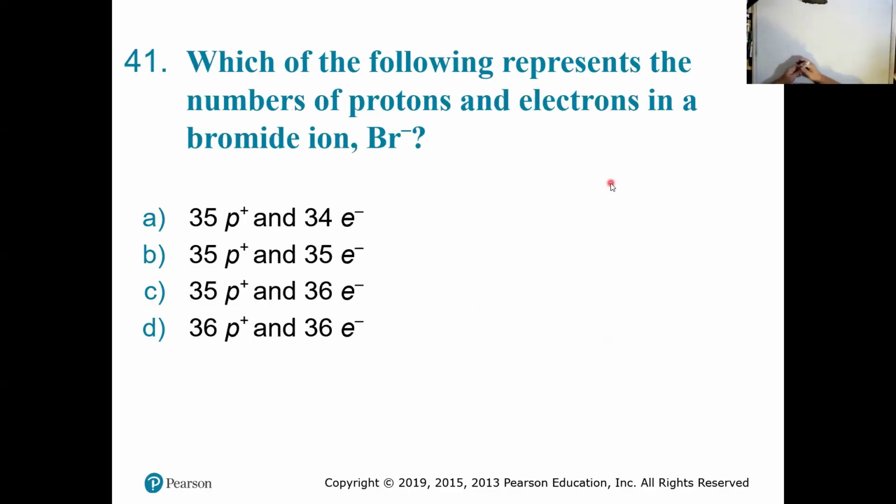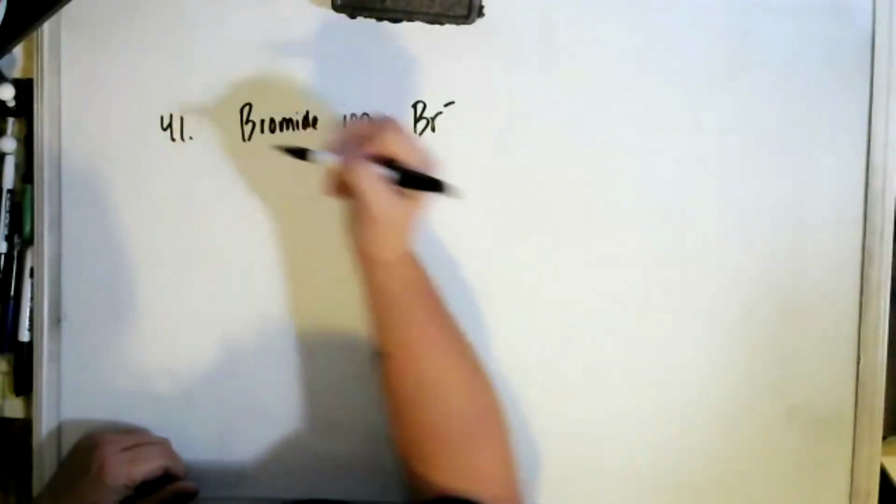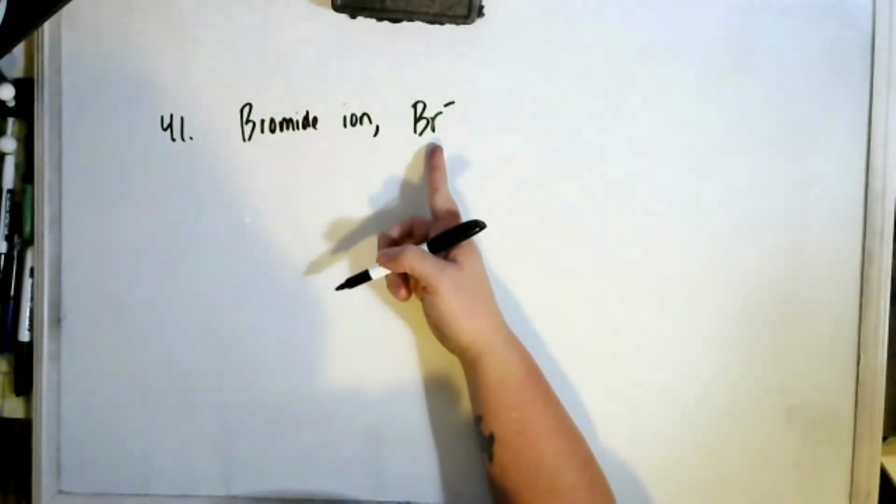All right, which of the following represents the number of protons and electrons in a bromide ion, Br minus? Okay, so scoot back over here to the board. Bromide ion, Br minus.